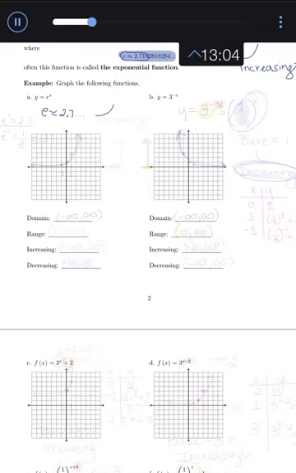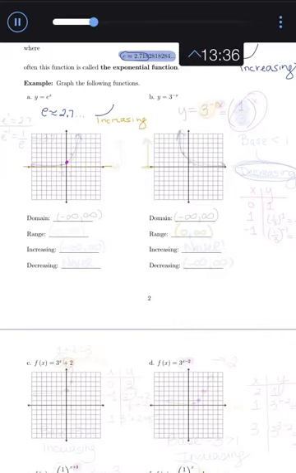Well, we already said that no matter what our function is, whether it's e, 1/3, 2, whatever base it is, anything raised to the 0 is 1. So e to the 0 is 1. We'll definitely go through that point. We're not shifting this thing left or right or anything yet, so we know we will have a horizontal asymptote at 0. And we know we're going to follow this increasing pattern for our graph.